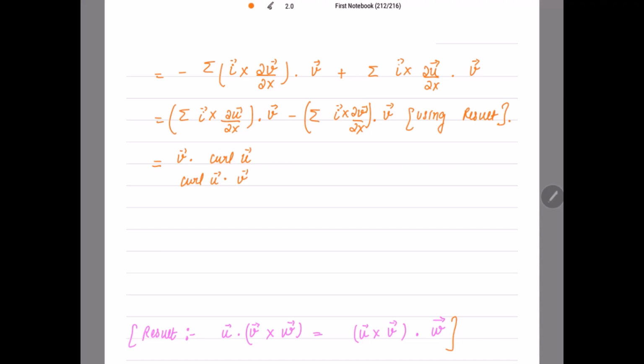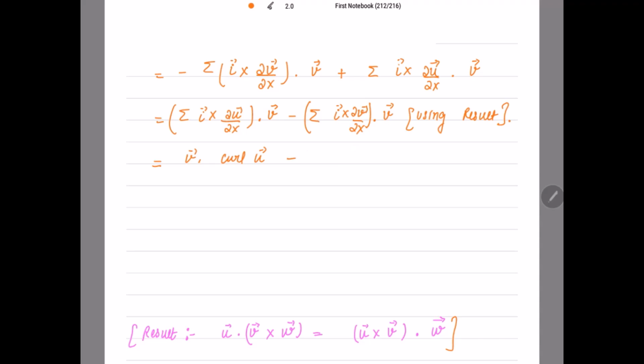No negative sign will be present; that can only occur in the case of the cross product. But for the dot product, these two are equal. So here it is curl u dot v and I am writing v dot curl u, one and the same thing. Minus, this is your curl v, and this is v vector.